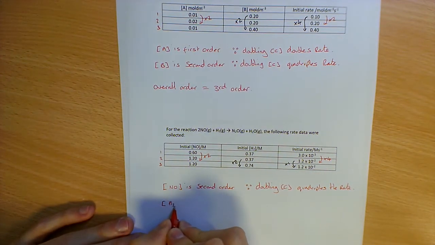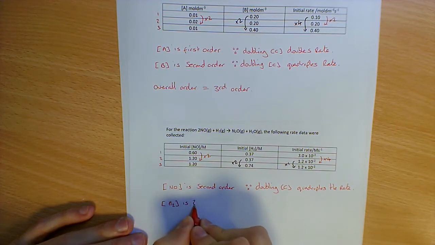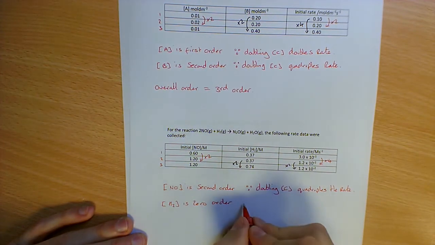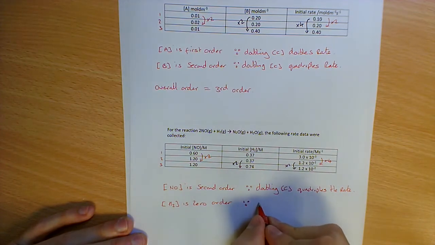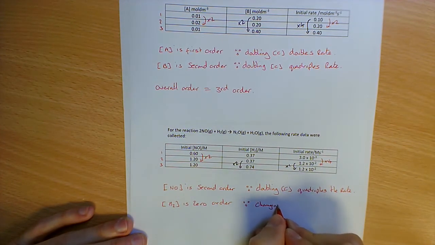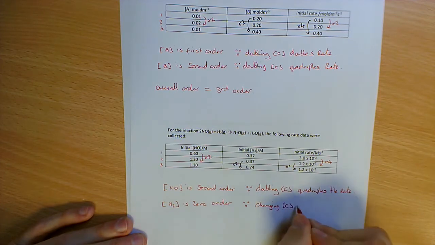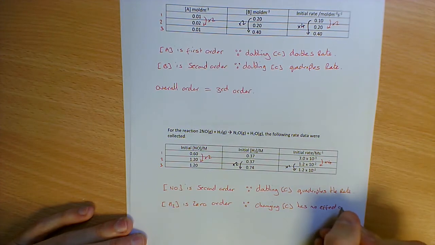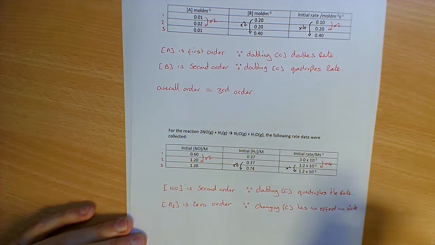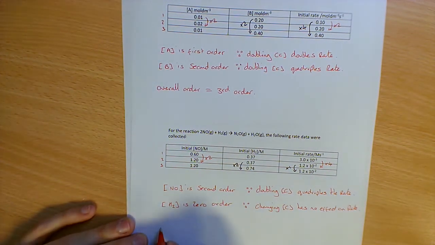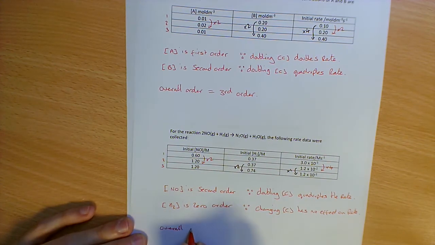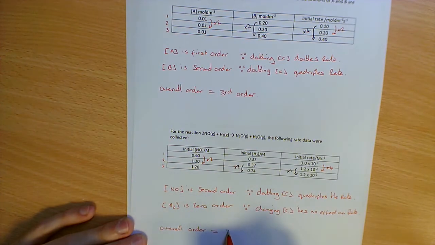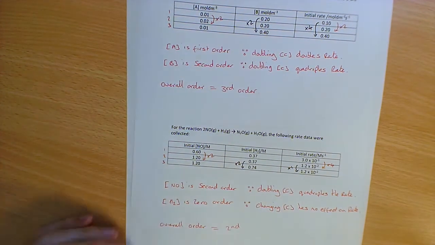So hydrogen is zero order because changing concentration has no effect on rate. So the overall order is second, 2 plus 0.